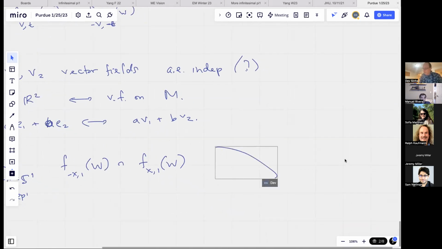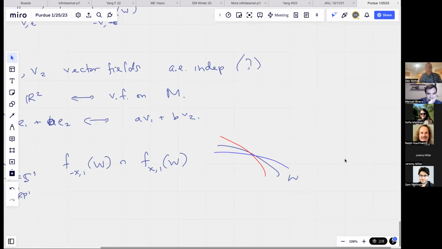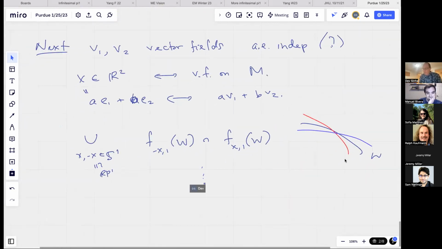So here's W, and I bump it off itself in the plus and minus direction. And I'm going to do that in all possible ways. And of course, the plus and the minus exchange, so that's really indexing them over RP1. And I'm taking that one-dimensional intersection. And of course, I could do this with a number of vector fields, and move W off itself in all those ways.